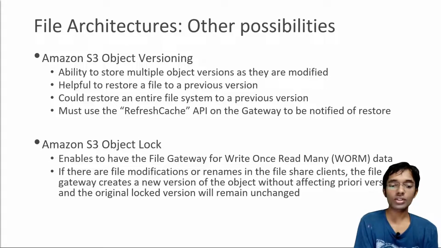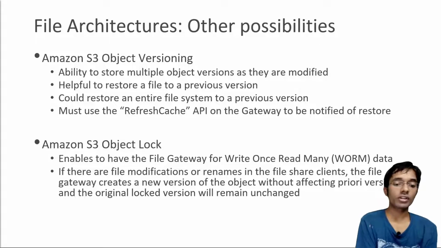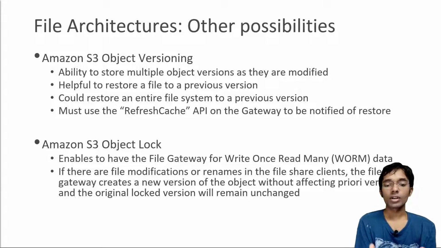And another one is to use Amazon S3 object lock, and this enables the file gateway to be write once and read many. So a WORM, write once, read many, warm data network file system, that's what file gateway is meant to be.